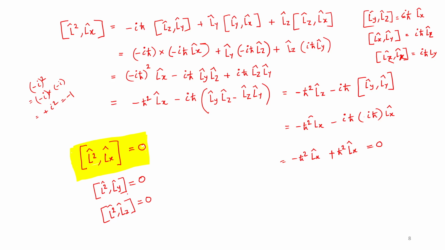So the main point is that the square of the angular momentum and each of the x, y, z components is 0, and you can measure them simultaneously: L square and Lx, L square and Ly, L square and Lz. You can't measure Lx, Ly, Lz simultaneously.